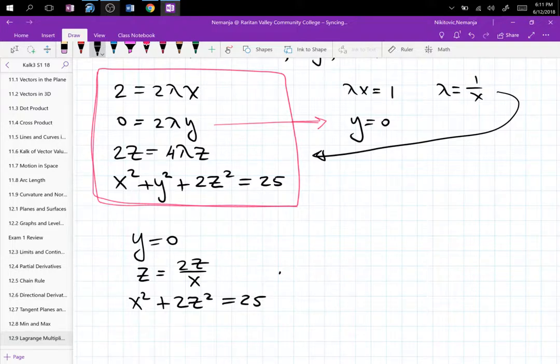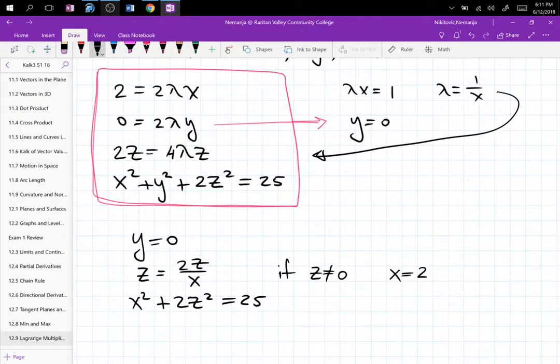So if z is not equal to 0, we have that x is 2. Right? Yes.